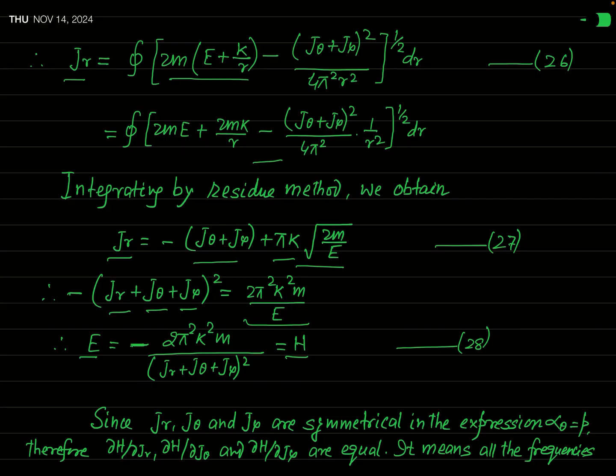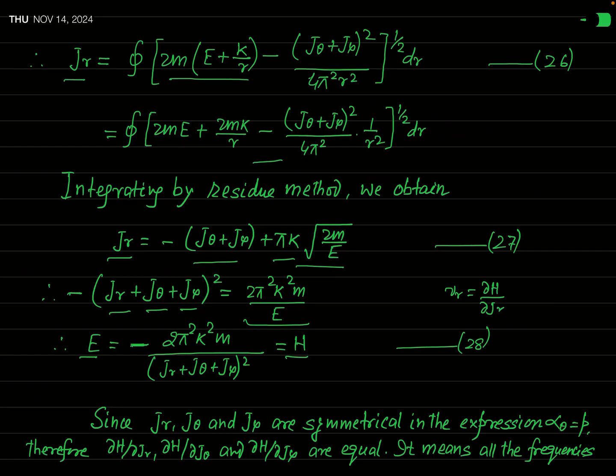Now when you find the value of the frequency corresponding to r, νr, this will be given by ∂H/∂Jr. And what will be that?